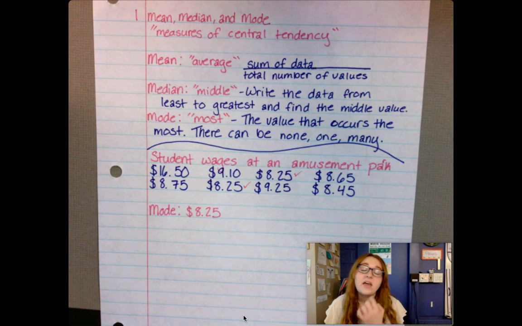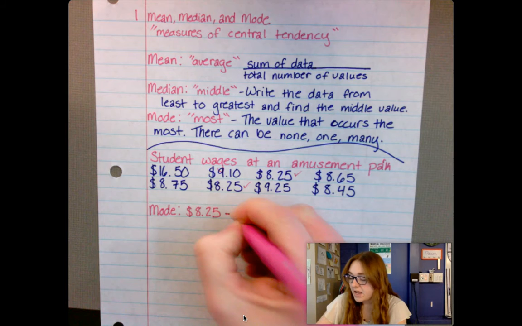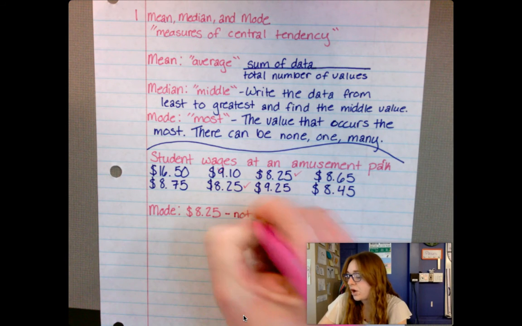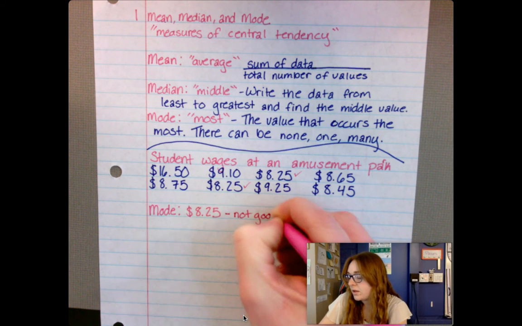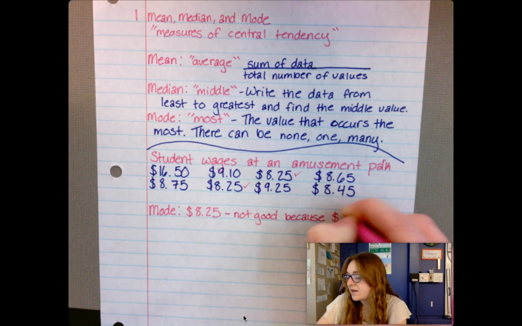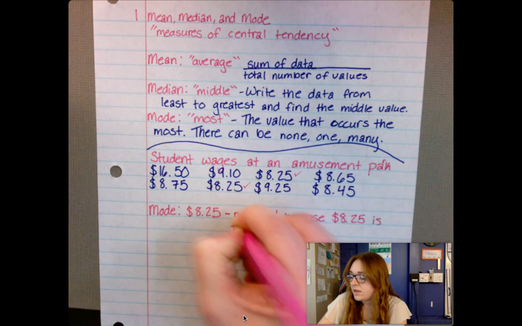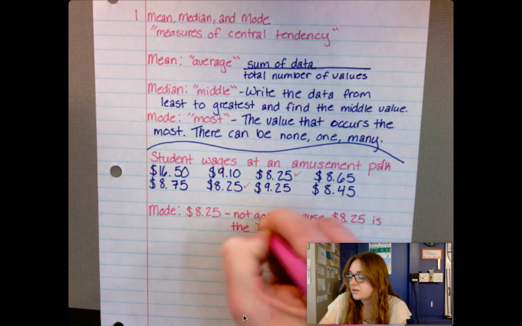And I do not think so, because $8.25 is our lowest, our smallest value. So I'm going to say not good, because $8.25 is the lowest.